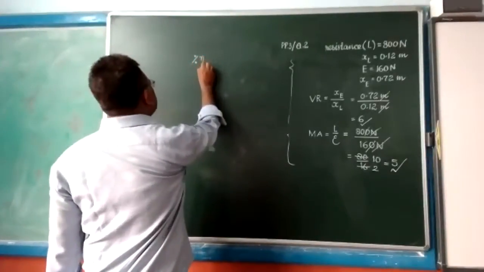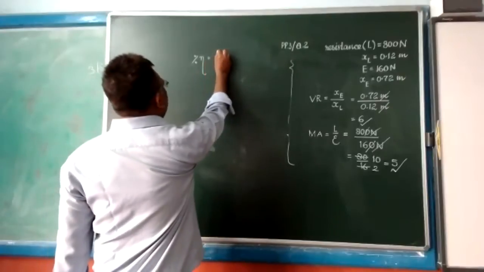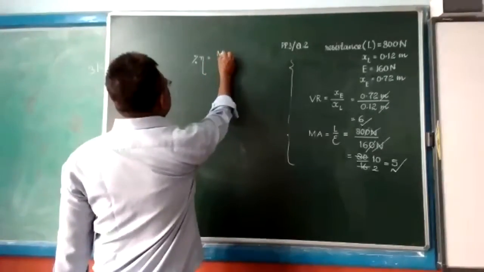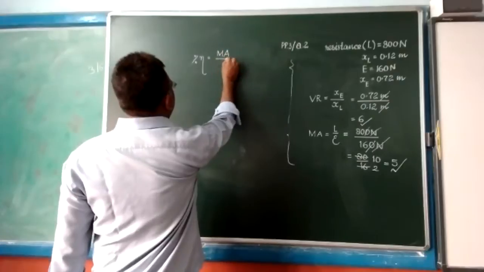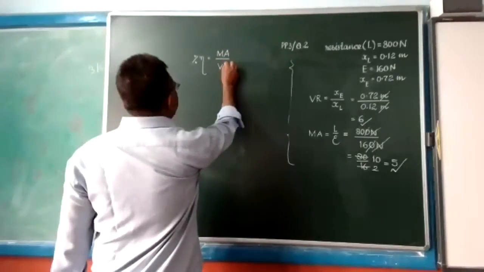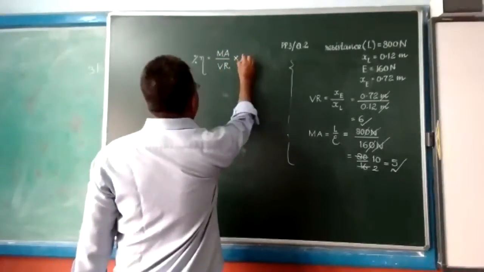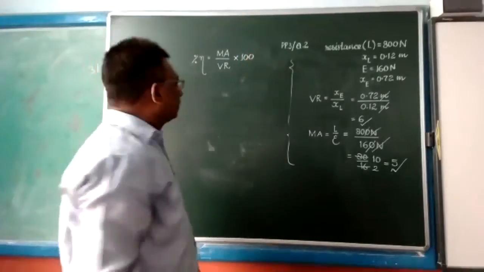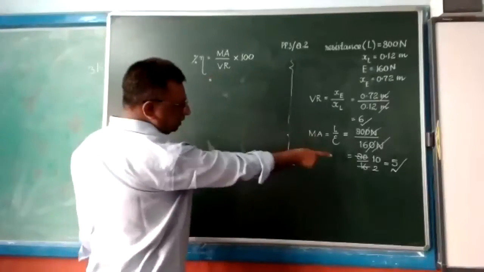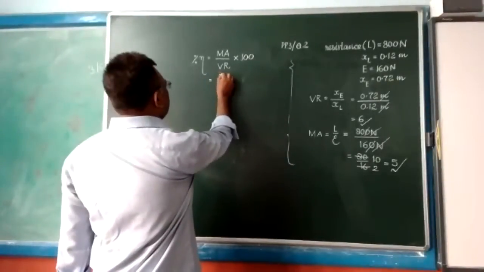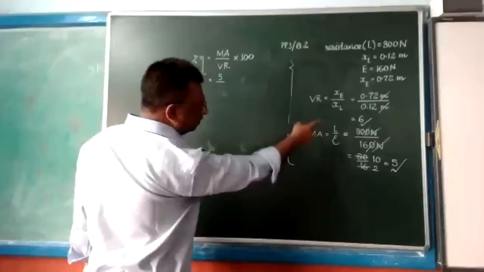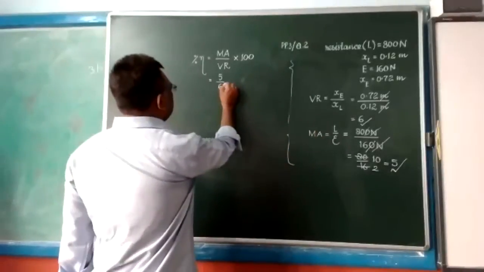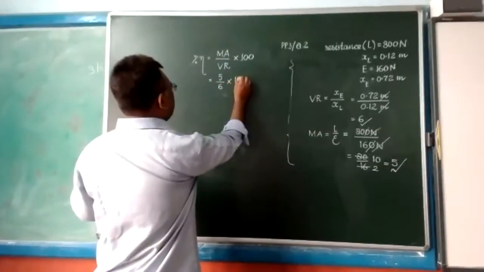So percentage efficiency is equal to mechanical advantage divided by velocity ratio into 100. This is the formula for percentage efficiency. Here, the value of MA is 5 and the value of VR is 6, into 100.